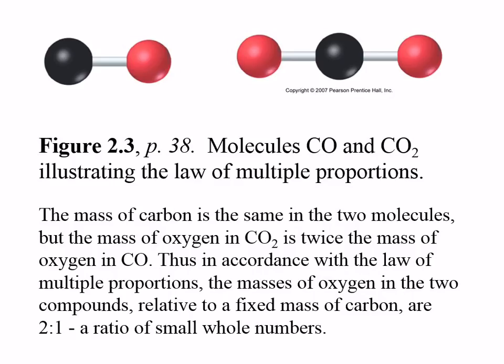If we let our carbon be fixed, then our oxygen in the two compounds has to be, relatively speaking, 1 to 2, because we have CO and CO2. So anyway.